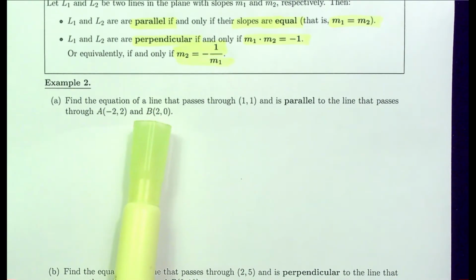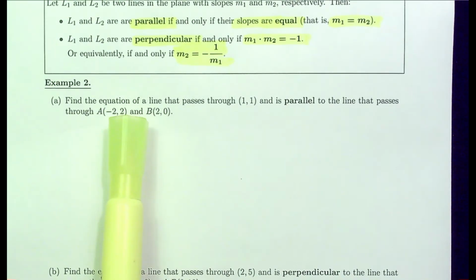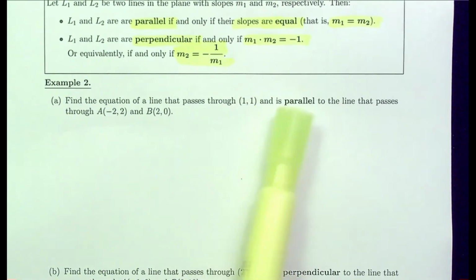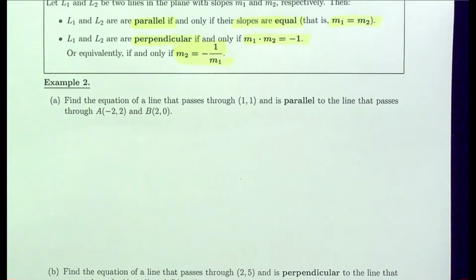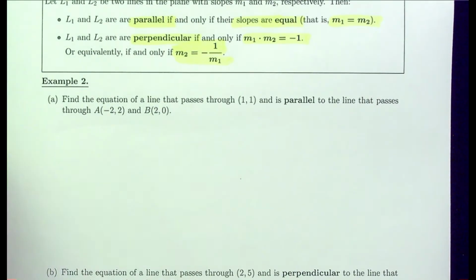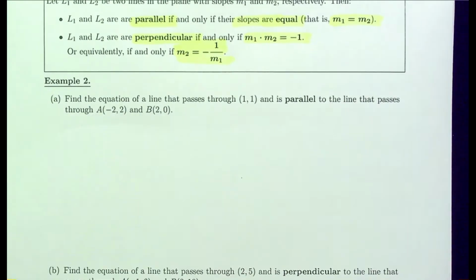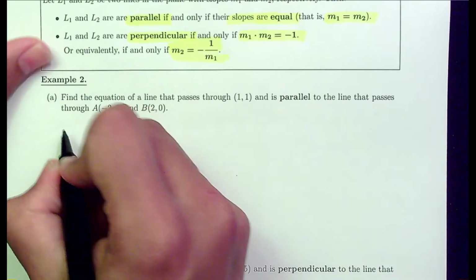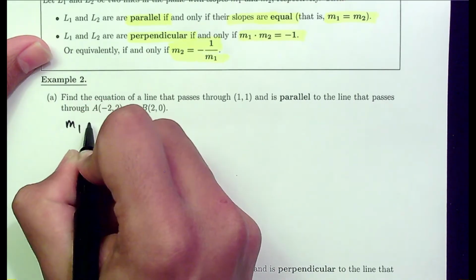We're interested in another line that is parallel to this one. It passes through 1, 1 and is parallel to this one. Because it is parallel, it's going to have the exact same slope as the one that passes through A and B. So let's find the slope of the line that passes through A and B.